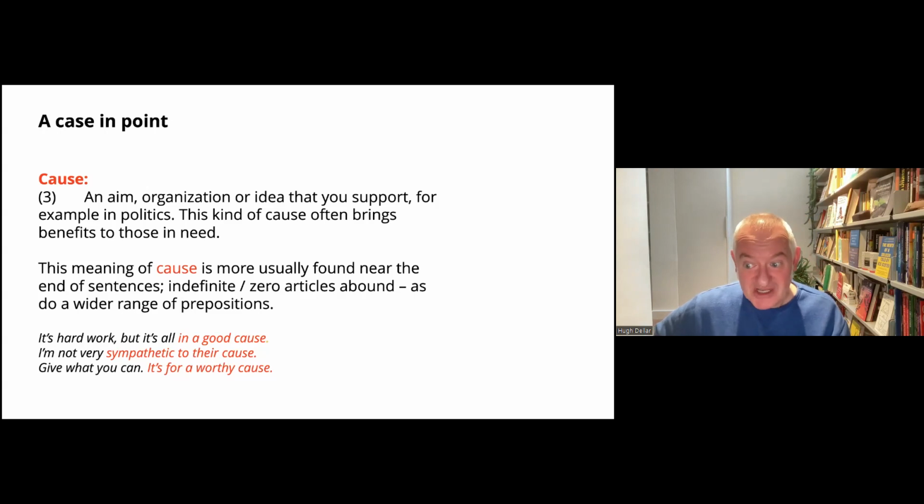It's the same word, it's spelt the same, it's a noun. Part of the way you determine the understanding is because you recognize "the main cause of something" as this meaning of cause. And "it's all in a good cause" at the end of a sentence with "in a good" is that meaning of cause.